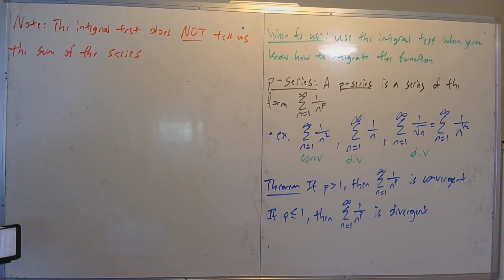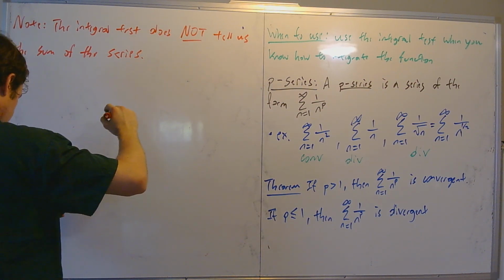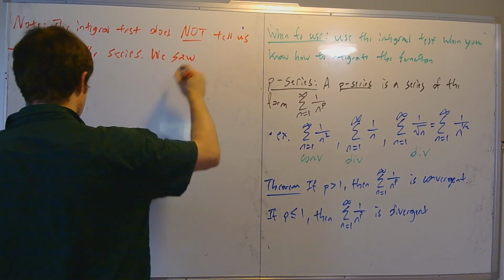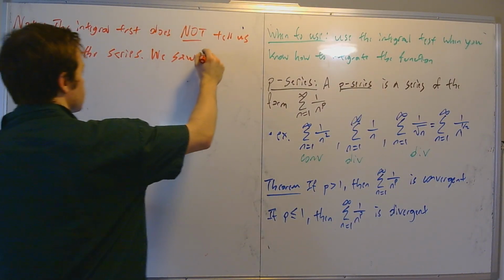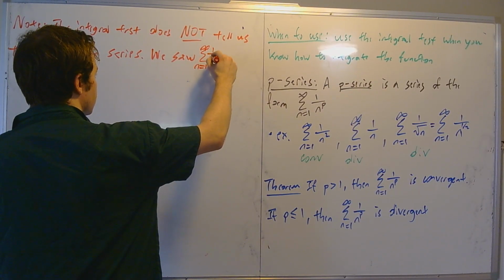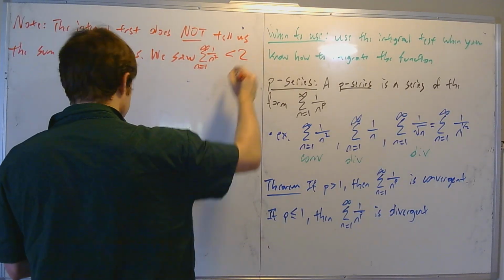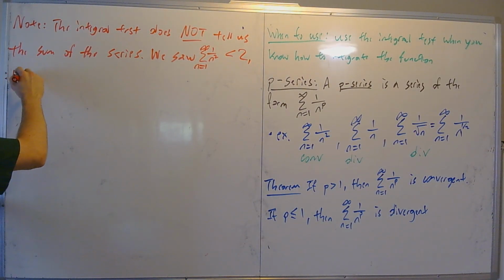That wasn't actually the sum of the series, we just knew that the sum of the series was less than that number. So I'll say here we saw that the sum from n equals 1 to infinity of 1 over n squared was less than 2. But we don't know the actual sum.